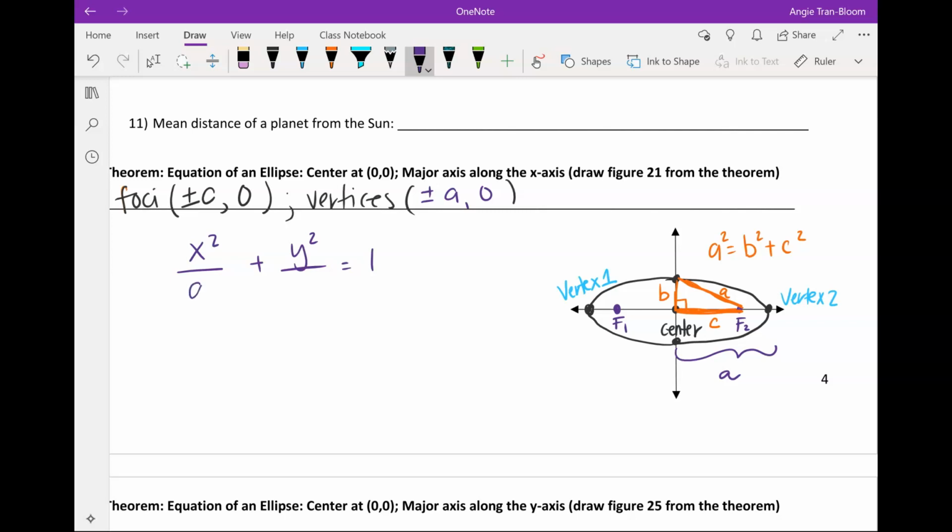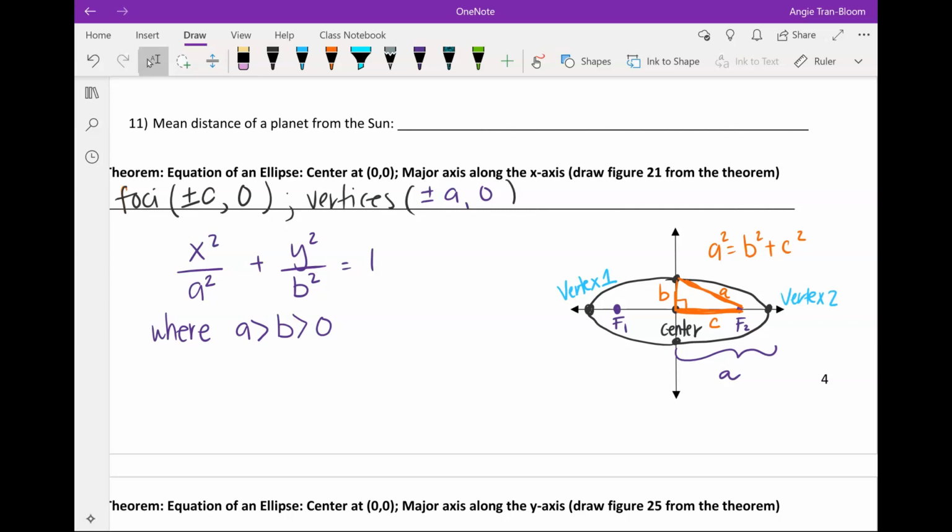So this is going to get an a squared here, and this will get the b squared here. That's your minor. B squared is shorter than a squared. So that's why the minor is vertical, where A must always be bigger than B, and both of them have to be positive because they're distances.